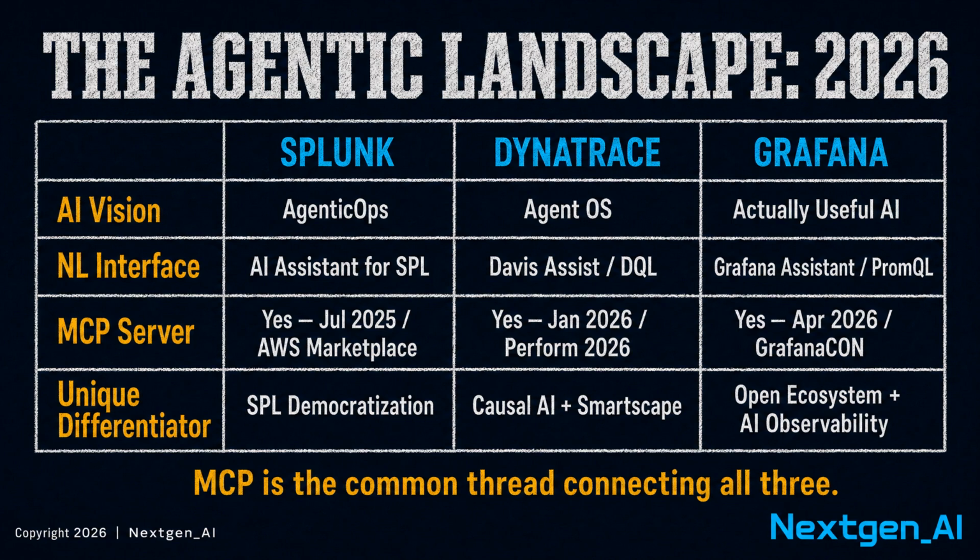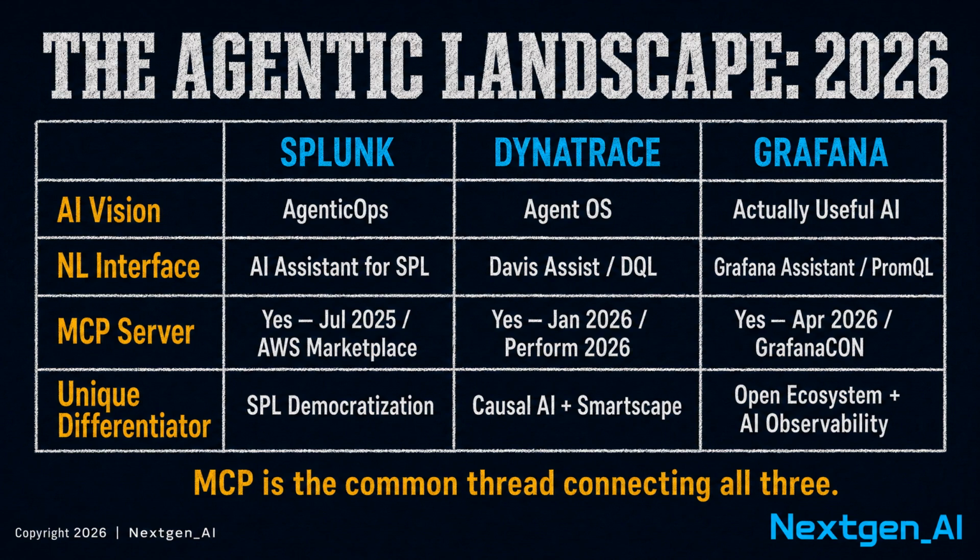Dynatrace pioneers deterministic, topology-aware causal AI via its OneAgent, building a real-time dependency map to pinpoint root causes, not just correlations. This makes it a trusted intelligence hub for automated remediation. Think scaling a saturated database identified by its causal engine, directly supporting agentic systems.